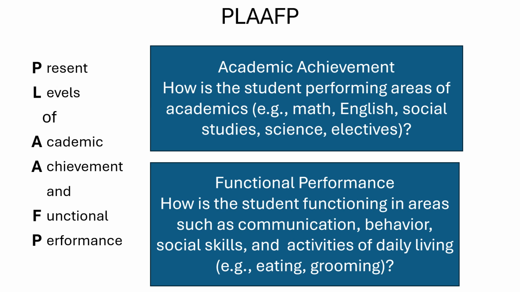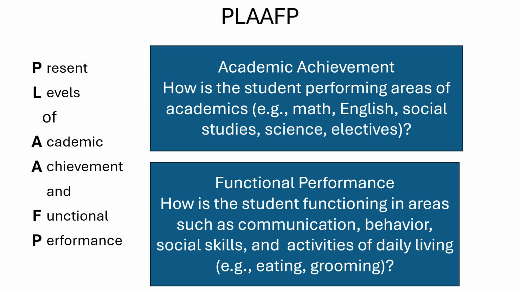I'm going to go back to this term, present levels. If you are having a review ARD, you're probably having it because that student needs maybe some more supports or services, and so you're meeting to discuss those. In order to discuss that student at a review ARD, you need to know where that student is performing presently. So the PLAAFP statement should not be a copy and paste from the annual ARD.